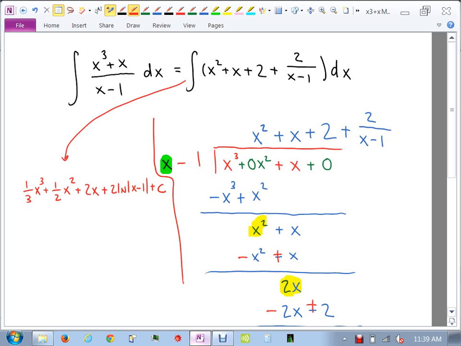What do you think? Sorry, that got a little small. But see, what I did by the long division, I was able to rewrite it in a different way where I could just integrate each term.